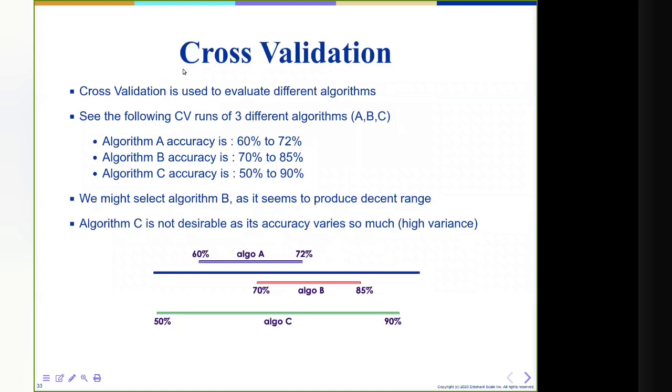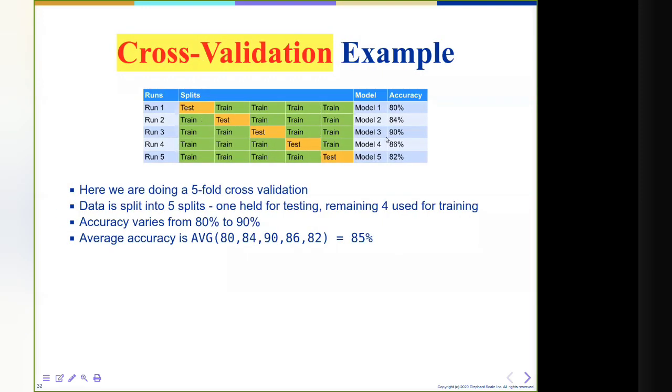The way you look at cross-validation is, imagine I'm asking you to solve a problem. Why are the accuracies different? Because in each run, the training data is different. You see the training data keeps changing, so as you train your algorithm with different data, you end up getting different models, and they're also being tested on different test data. Imagine I'm giving you a quiz and everybody gets different test questions.